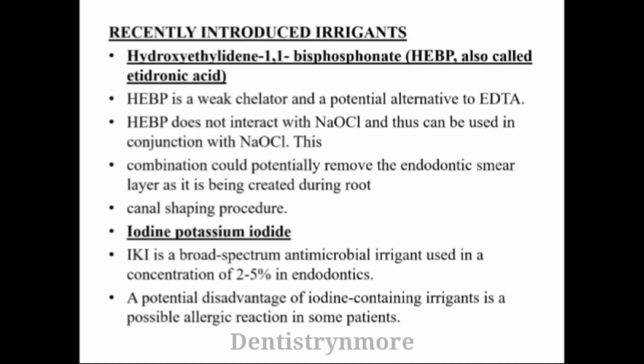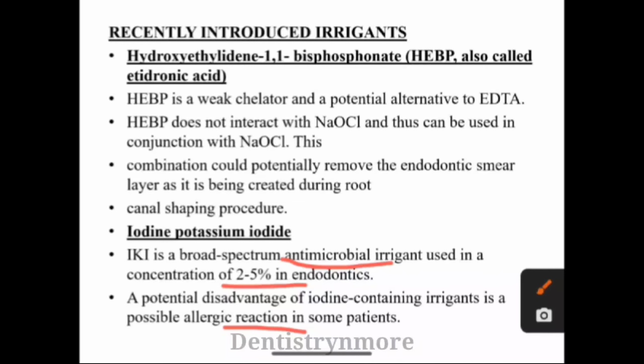This combination can potentially remove the endodontic smear layer, and it is commonly used in canal shaping procedures. Next one is iodine potassium iodide. It is a broad spectrum antimicrobial irrigant used in a concentration of 2 to 5%, and its disadvantage is that it may produce allergic reactions in some patients.